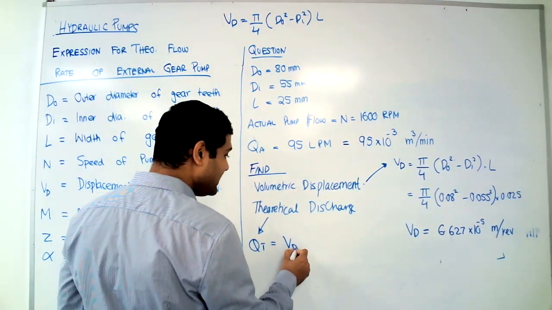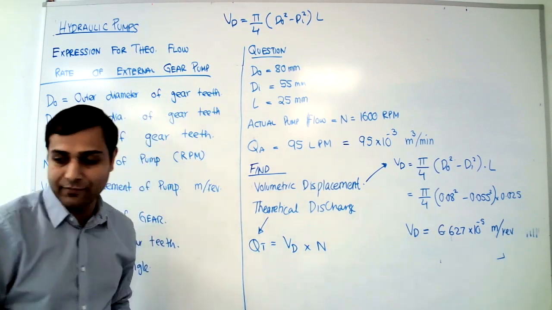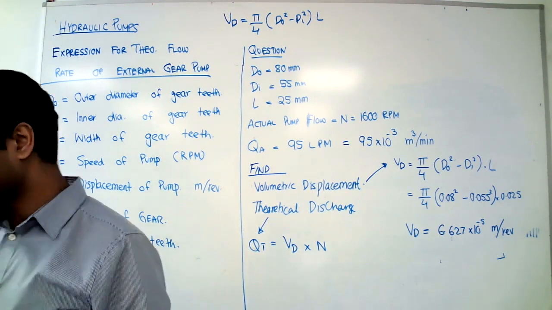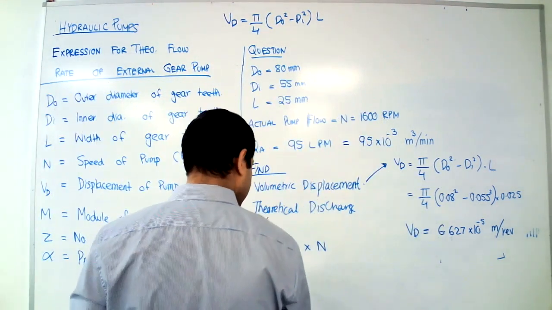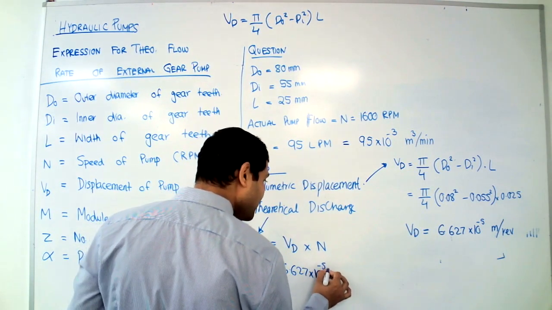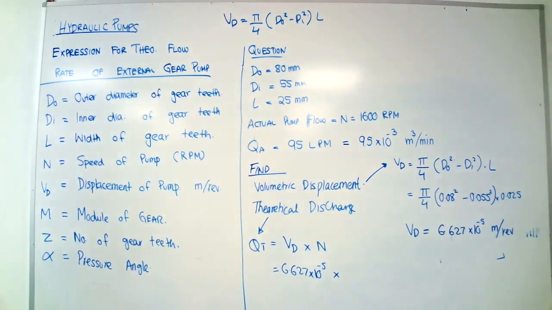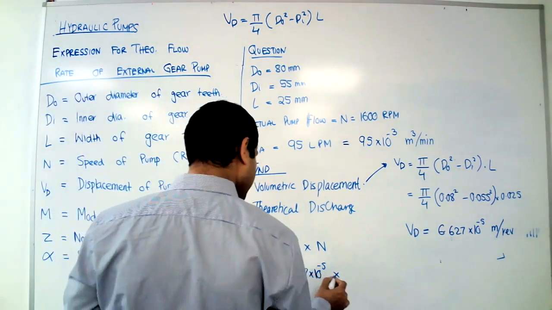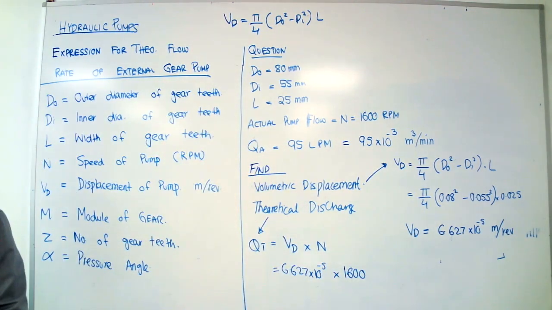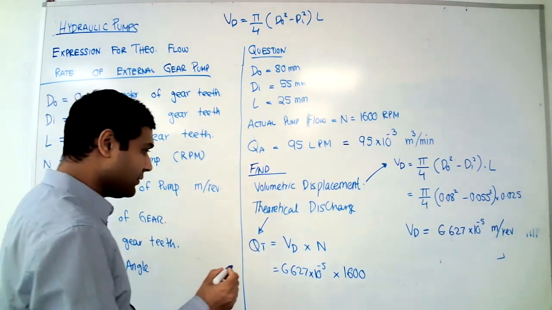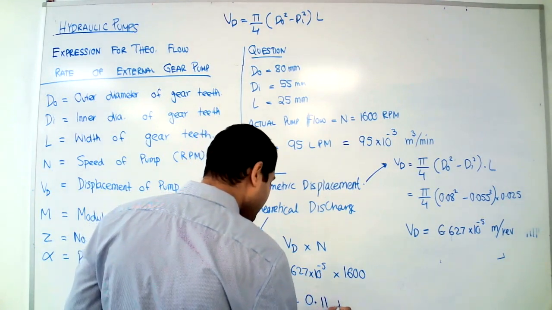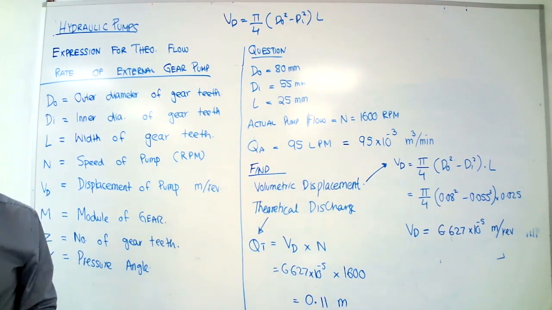QT equals VD times N. We already found the VD, 6.627 times 10 to the minus 5, multiplied by N. N is 1600. If you put that in the formula, you will get an answer. Anyone got an answer? 0.11. The units are always going to be meter cubes per minute.